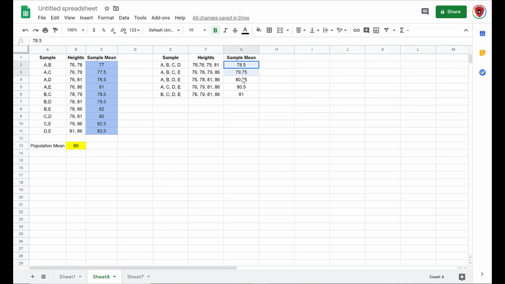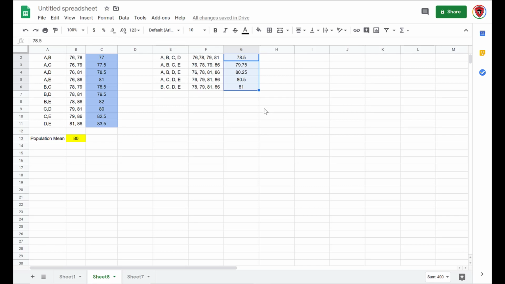Now, if we notice in this sample mean, none of our sample means are exactly the same as the population mean, so that does indicate to us that there is sampling error that has occurred. But what we do notice, if you pay attention, is that there are 4 of these sample means that are within 1 inch of the population mean.